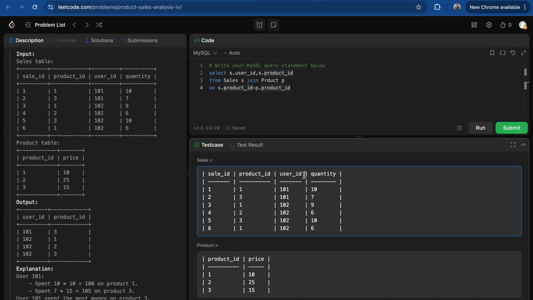For every user and product ID combination we have to get the quantity, so we have to use group by on these two. The amount will be the quantity coming from the sales table times the price coming from the product table, and we can call it amount.